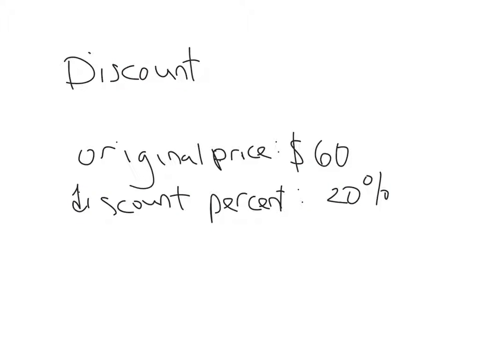Now for a discount percent, your price is going to go down from the original price. If you ever shop, you know that. So I'm going to subtract the amount of discount from the original price. I'm still going to set it up the same way. It's going to be 20 over 100 because it's a 20% discount, and the original price is 60, still 60 on the bottom, x here.